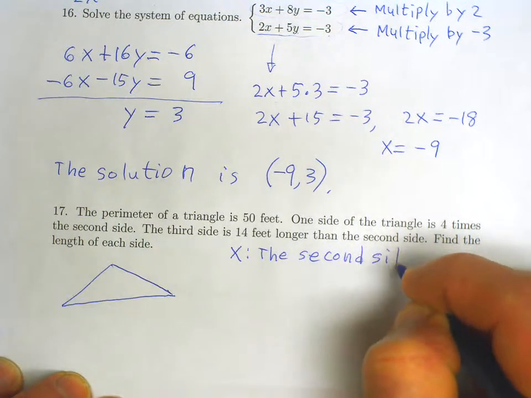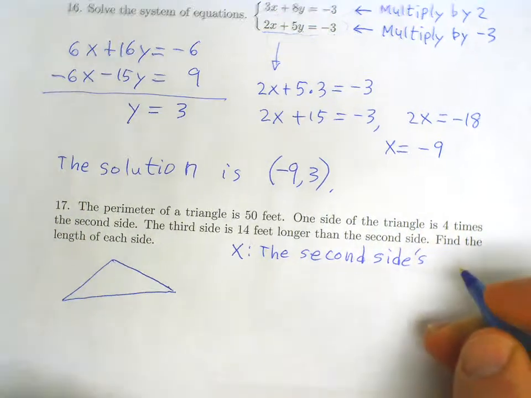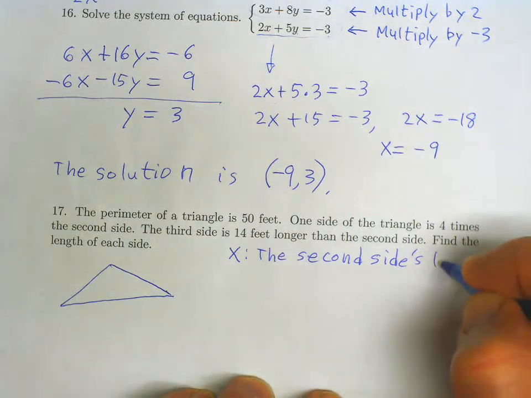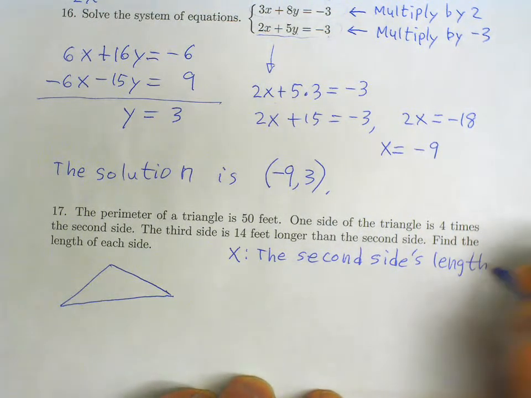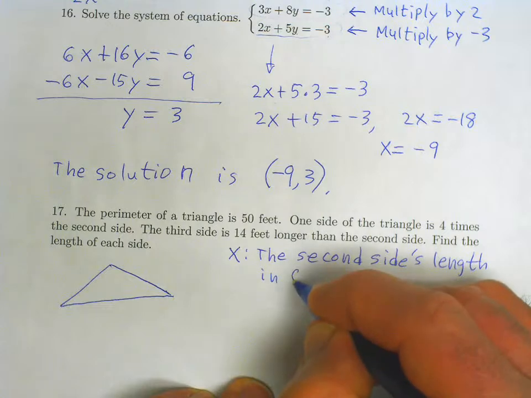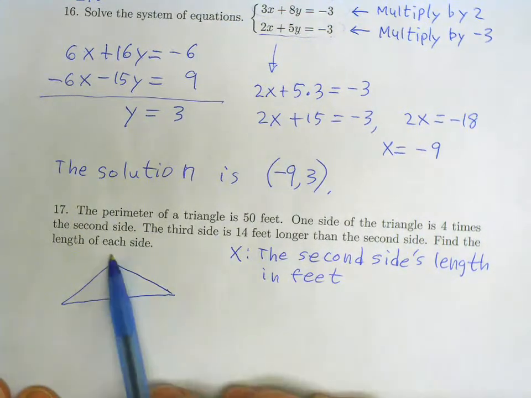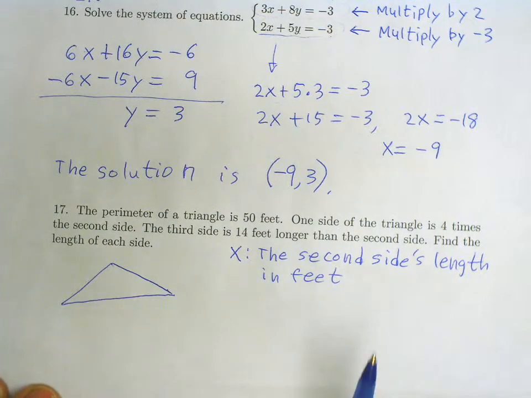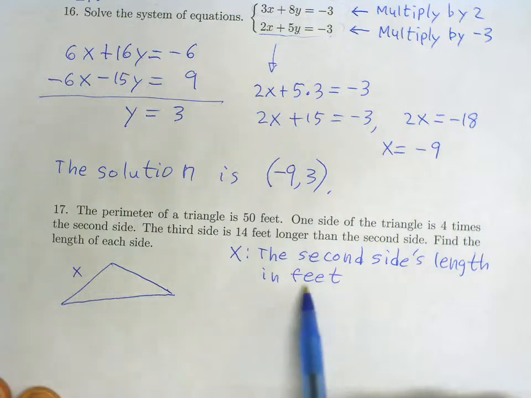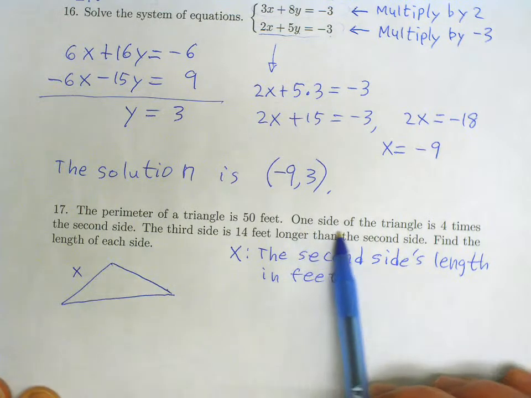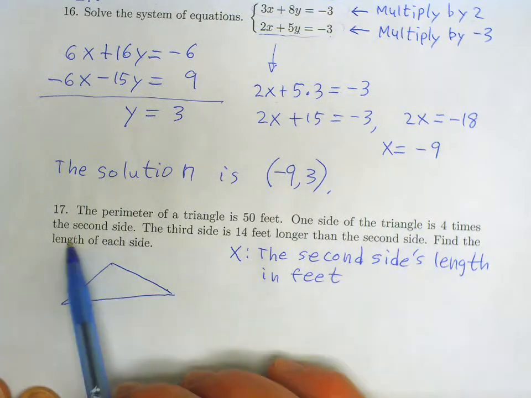So the second side's length in feet. So my triangle is obviously not going to be to scale, but I'll just pick this to be the second side. And then it says one side is 4 times the second side.